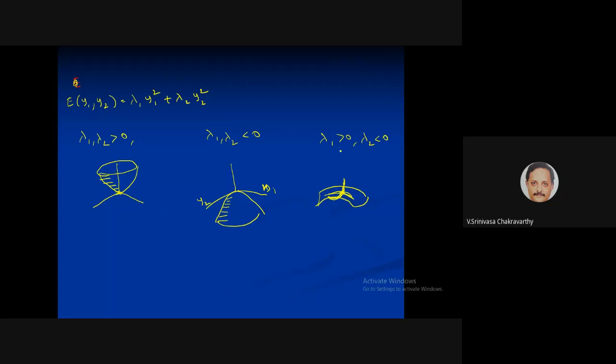Upward curvature is in the y1 direction, and the downward curvature is in the y2 direction. So here, this is a minimum, this is a maximum, and this is neither minimum nor maximum. This is called a saddle in a different context, but it is kind of like a saddle. It looks like a saddle that you use on a horse.